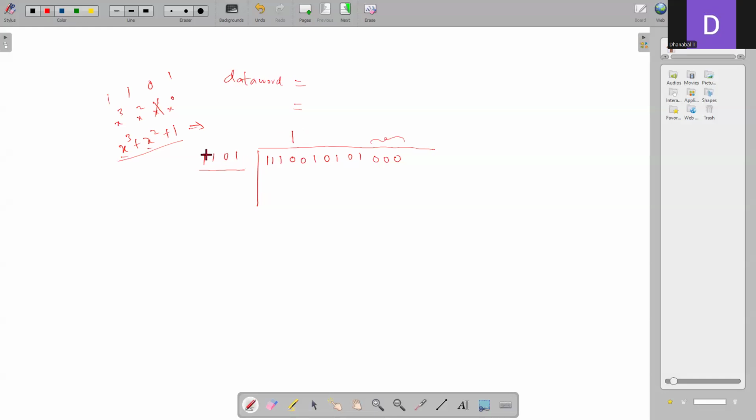So 1 into 1101 is 1101, and modulo subtraction. So the 1 and 1 get cancelled, so it becomes 0, 1, 1, 0, and then 1, 0, 1, 0, 1, 1. So when you perform the subtraction, this is the result you get.